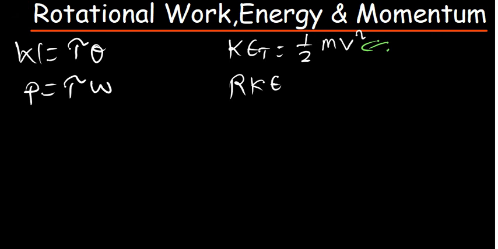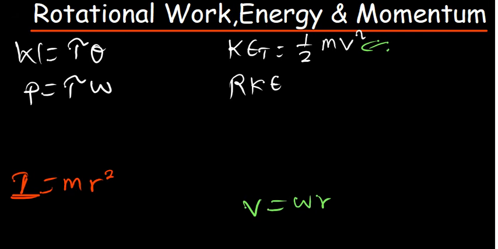What we have to remember, although I'm going to explain about this, is that inertia is given by mr squared. This is the general formula for inertia, but I'm going to explain about inertia in the next video. Now, what we need to know here is that v is wr.